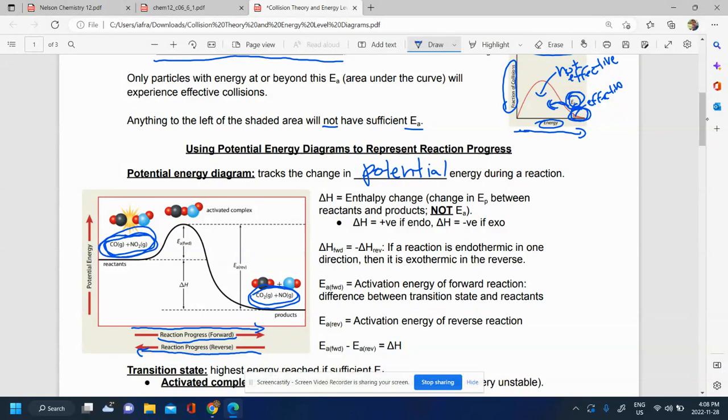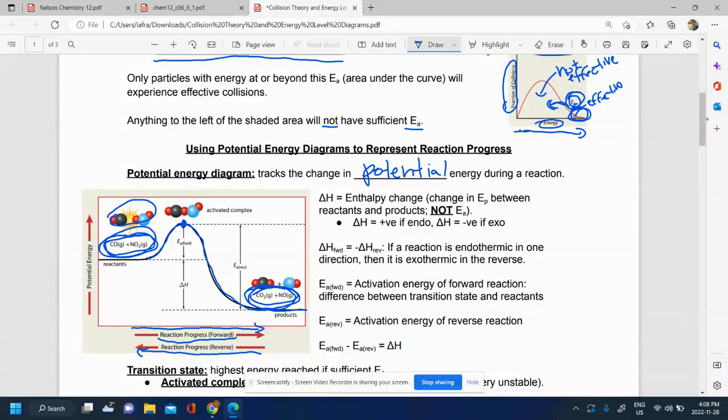What's happening here is we're providing a little bit of energy to this system, and the energy of the system rises until we reach the point where the activation energy has been met. Once the activation energy has been met, then a proper orientation will result in a reaction. And so that's what you see here. Energy changes are happening until we get down to our products over here, CO2 and NO.